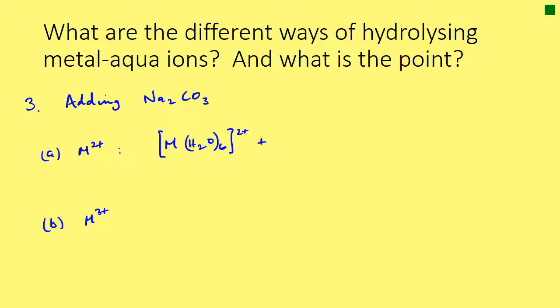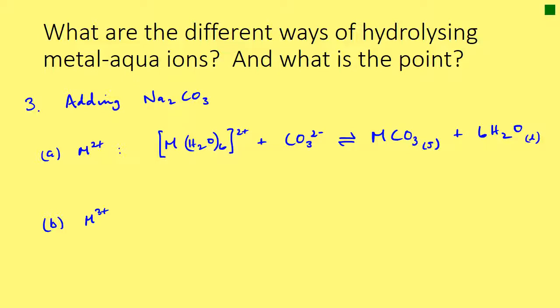And our simple reaction in this case is that we get a reaction between the carbonate ion and the metal 2+ ion to form a metal carbonate, which is insoluble, drops out as a precipitate, and our 6 water ligands become 6 water molecules.